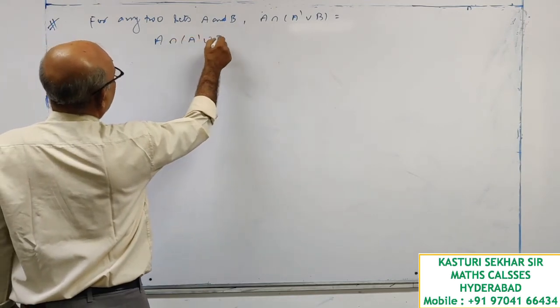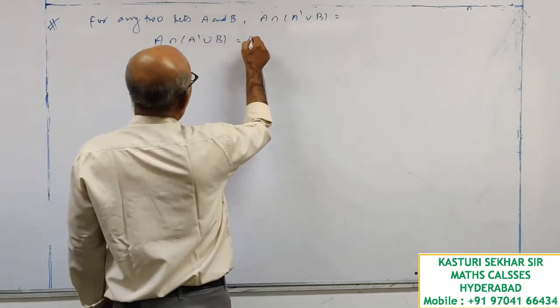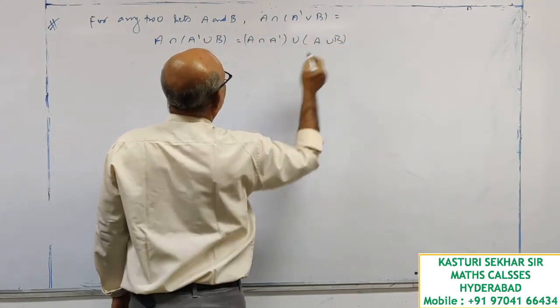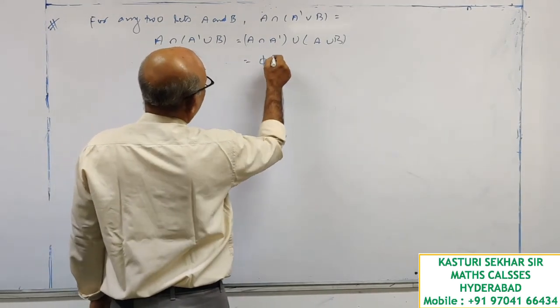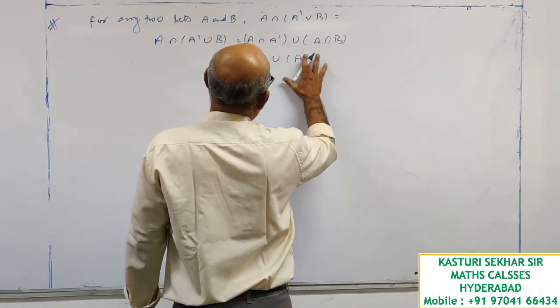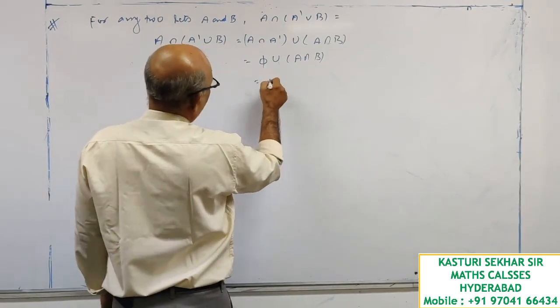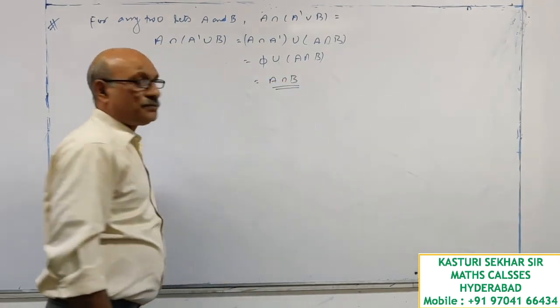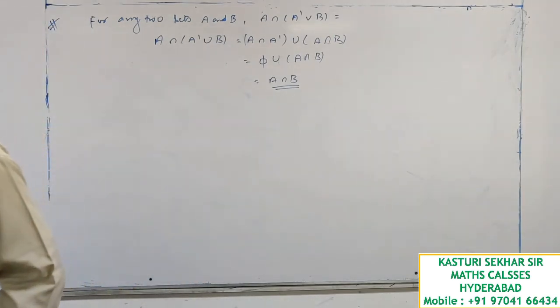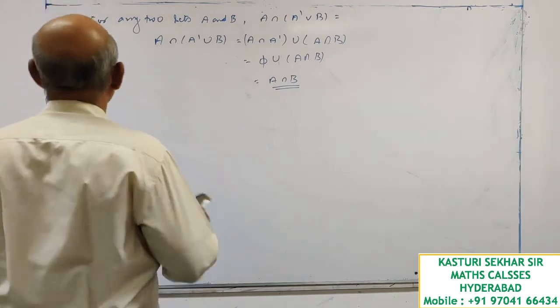Take the intersection: A intersection A complement union A intersection B. A intersection A complement is the empty set, union A intersection B. So this is equal to A intersection B. It uses the distributive law.